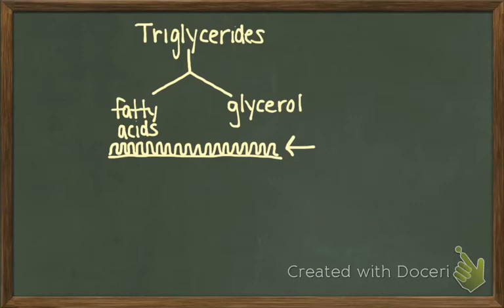And so after the fatty acids and the glycerol are absorbed, the triglycerides reform, which is kind of interesting. So we have this reforming of triglycerides. So they're reforming after they're absorbed through the intestinal wall.